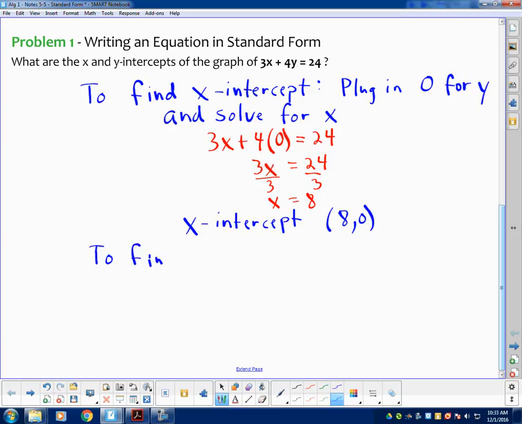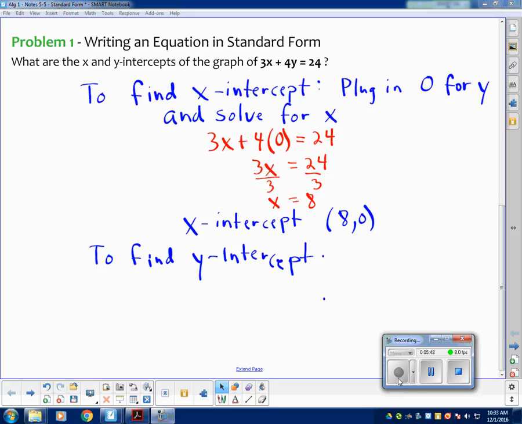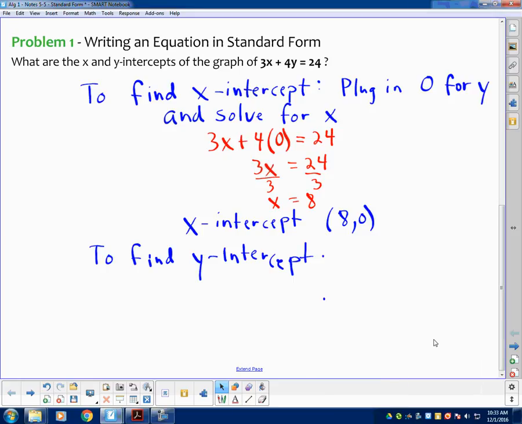To find the y-intercept, we plug in 0 for x, and solve for y. The board's getting a little messed up here.